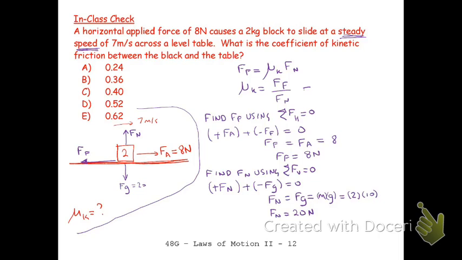And so this, bring that up there, and bring that up there. That is equal to 8 over 20, which equals 0.4. What are the units going to be? Don't want to miss my units. What are the units going to be?